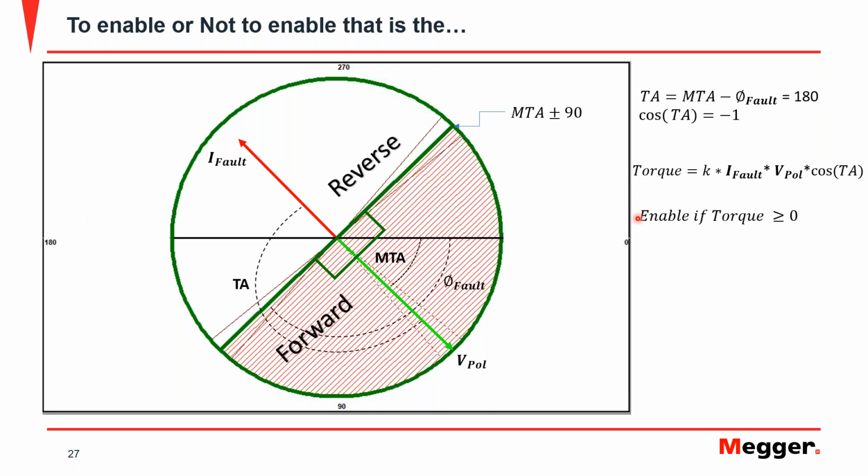And typically, you will enable the directional if the torque is greater than or equal to 0. What that means is that it will be enabled in this area here, and it will be disabled anywhere where the torque is lower than 0 or negative. And remember that the sign of this is only given by the cosine of the angle between the polarizing magnitude and the fault magnitude.